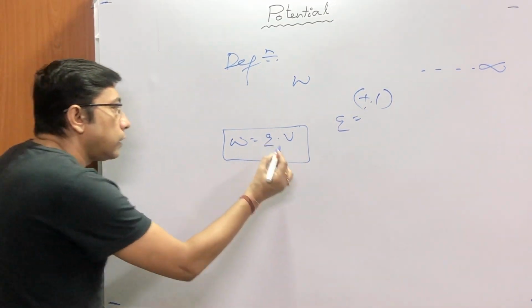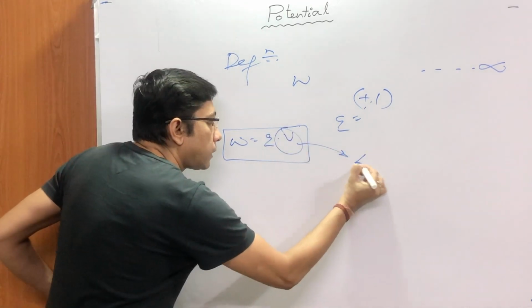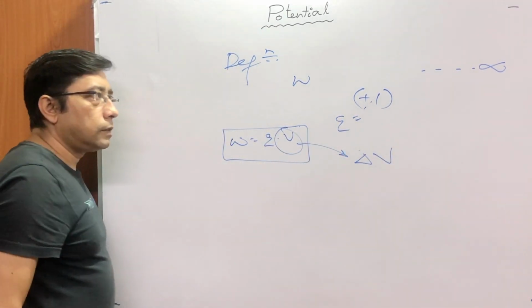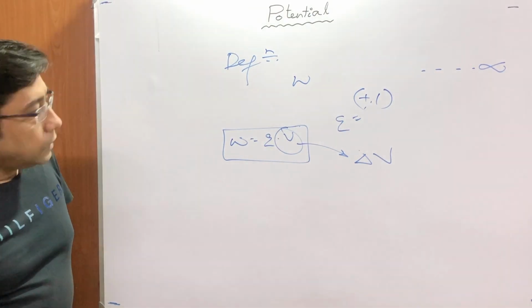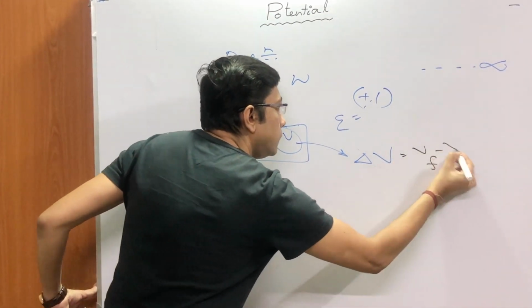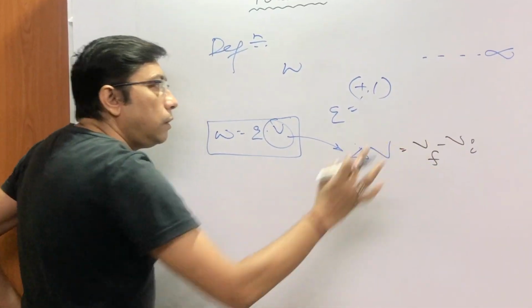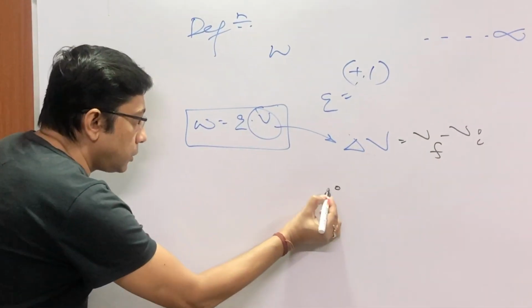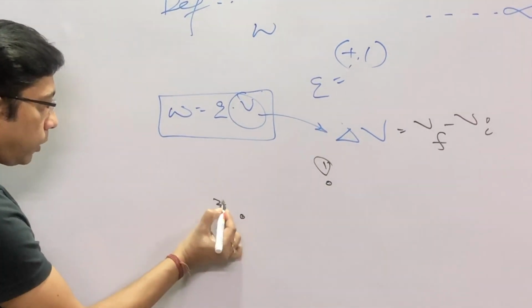But one idea is that here V is actually delta V. That means delta V means change in potential. Change in potential means it should always be V final minus V initial. Suppose we are bringing a charge from point 1 to point 2.